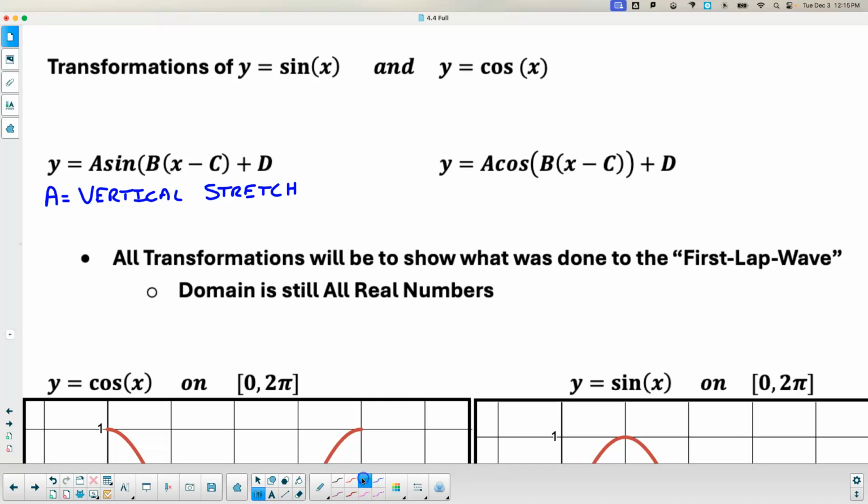Our B value is going to be our horizontal stretch. We're going to accordion those two functions. We're either going to stretch them out or we're going to compact them in.